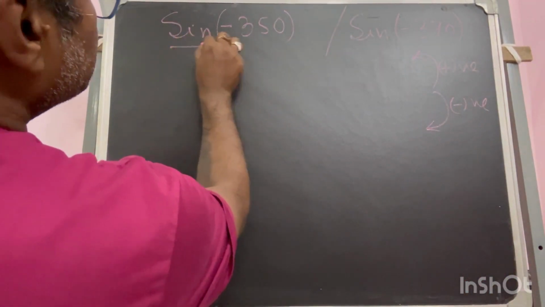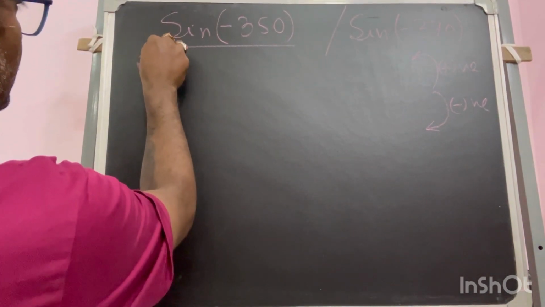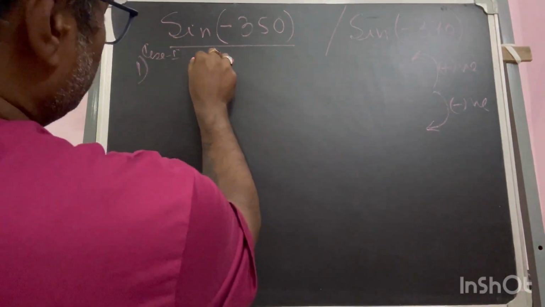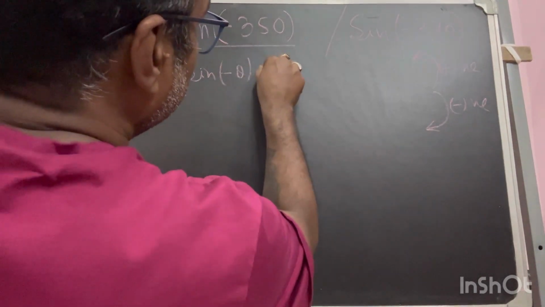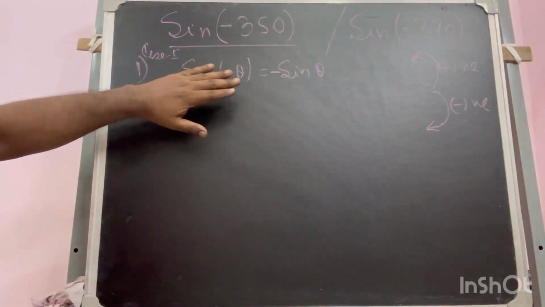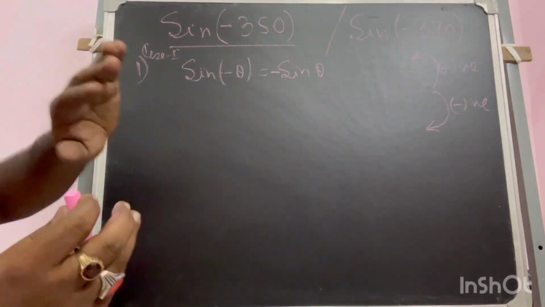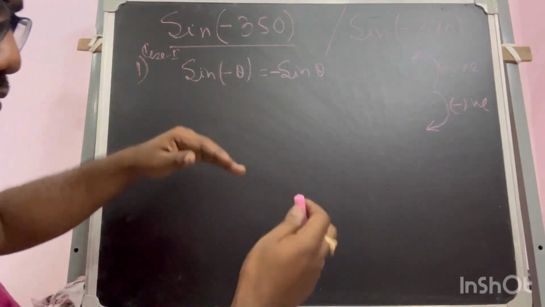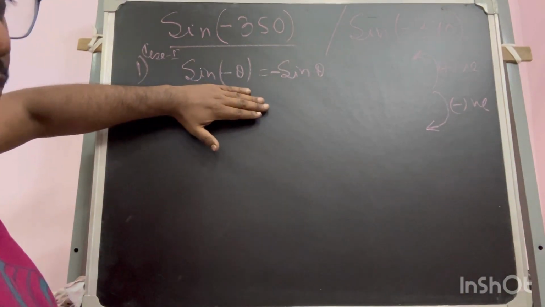So for this, the process 1 or case 1, if I can say, where I will use sine of minus theta is equal to minus sine theta, and using that, whatever be the result, I want to do the same in a manner that I will not use this formula.